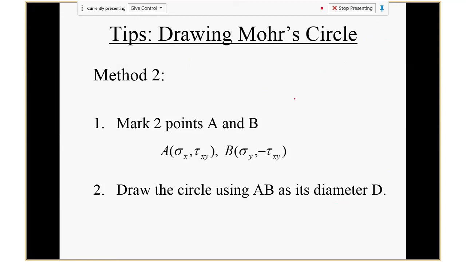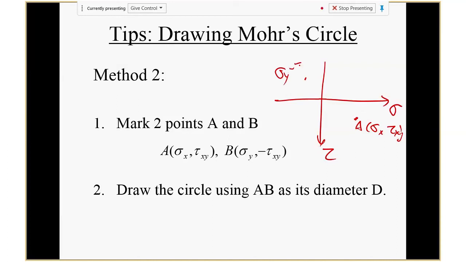Here is your coordinate, the sigma direction, and this is the tau direction. To draw this Mohr circle, first you find point A, which will be sigma x and then tau xy. Your next point, point B, will be somewhere here, sigma y and then negative tau xy.